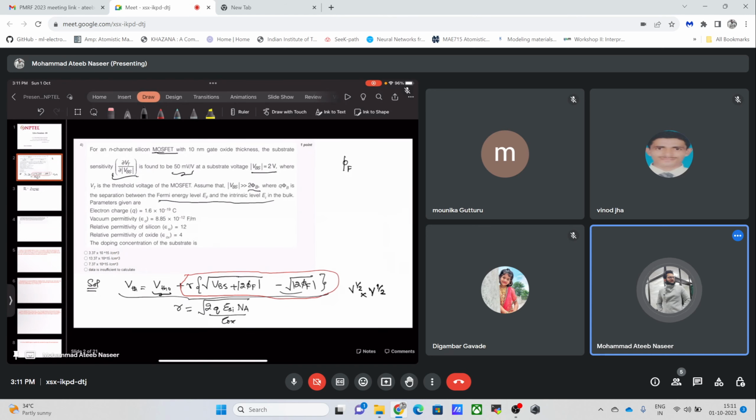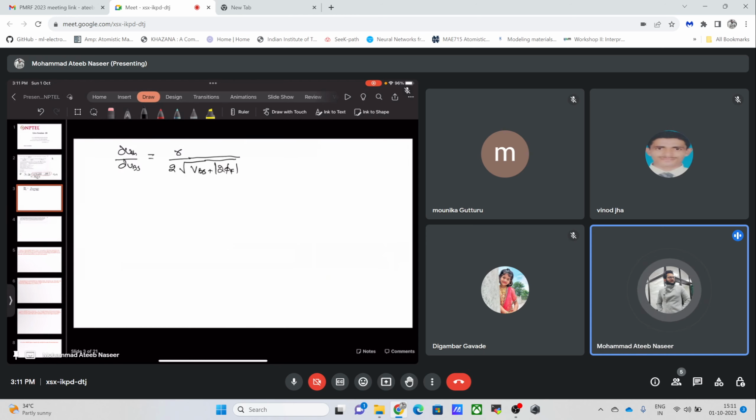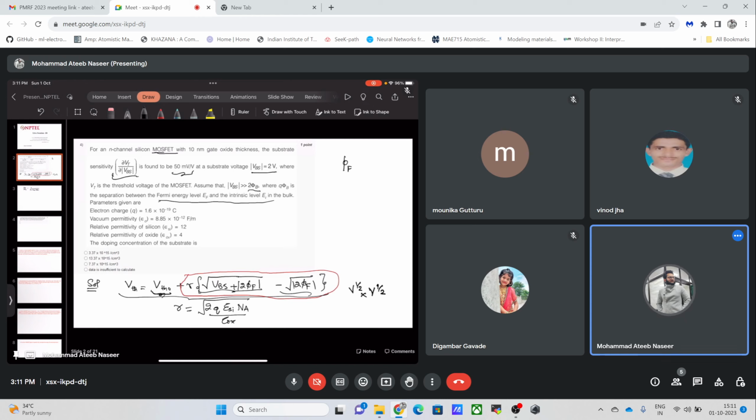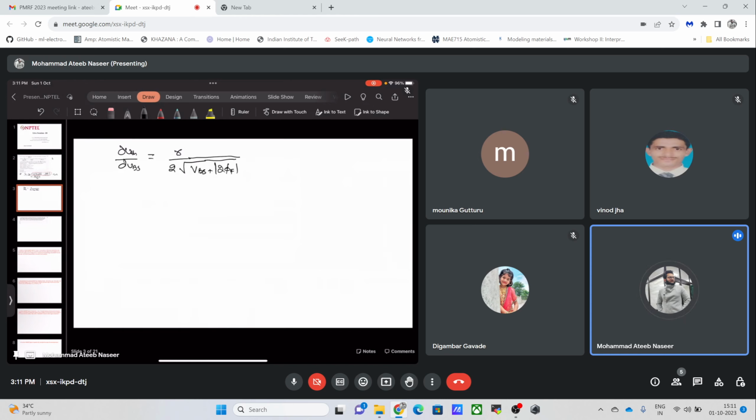This thing will go, this thing will go, so we will be left with the derivative of this thing only. Now the second condition was that this VBS is much greater than the 2 phi f value, so we can easily ignore this. We can say this is equal to root of VBS, because VBS is much greater than 2 phi f.